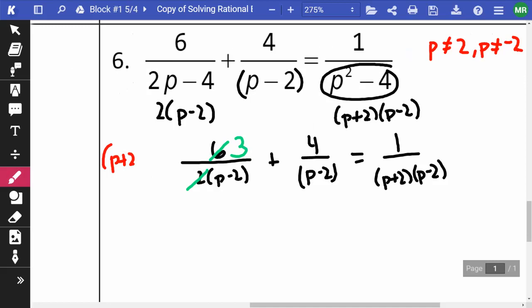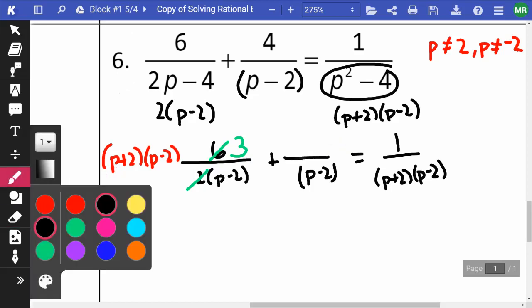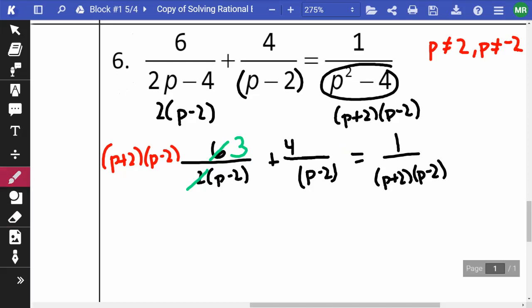So p plus 2, p minus 2. Again, over here, p plus 2, p. I'm going to move the 4 over a little bit. Okay. So I'm multiplying this by p plus 2, p minus 2, and this by p plus 2, p minus 2.